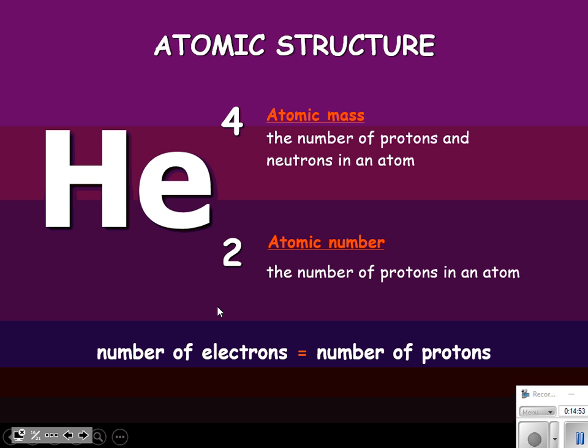What you're going to see later on is that these atoms form what we call ions, meaning that they have either gained or lost electrons. But if it is neutral, the number of protons is equal to the number of electrons. So if this is a neutral atom of helium, it has 2 protons and 2 electrons.